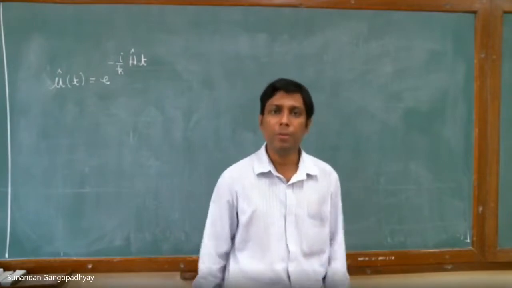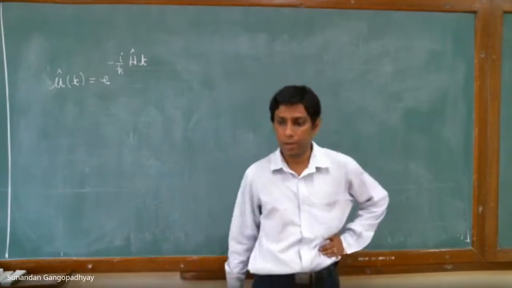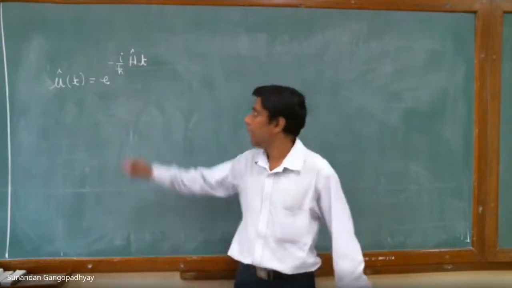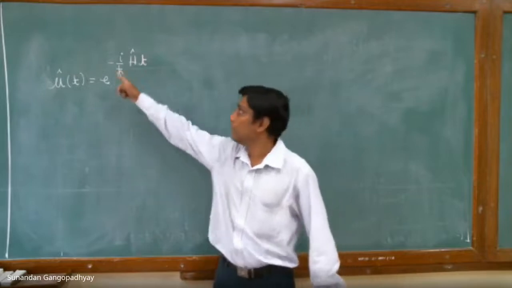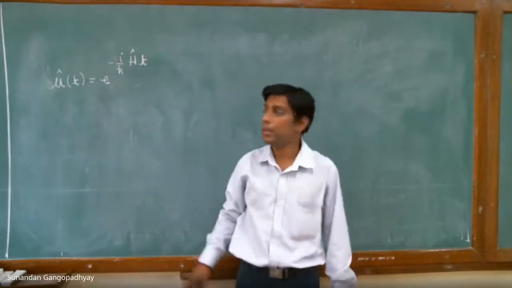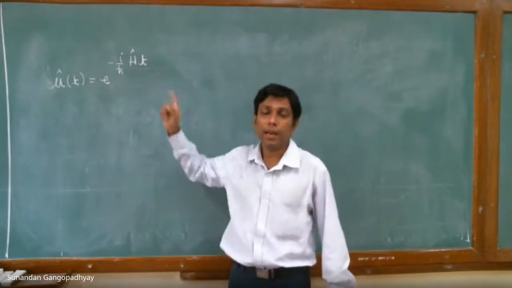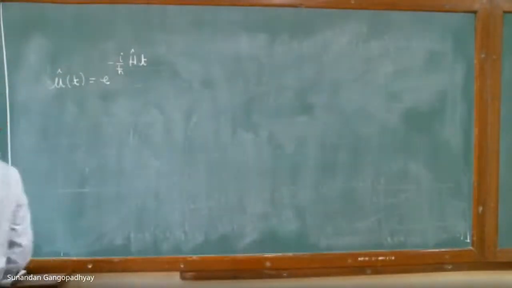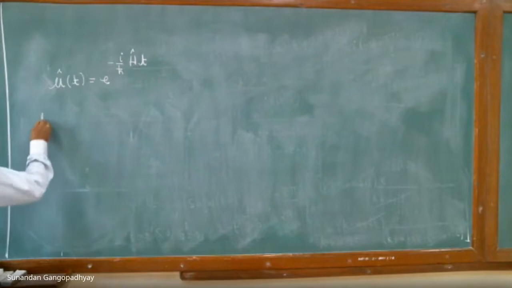So norms will be preserved after the time evolution, right? That is the beauty of unitary time evolution. And this arises due to the fact that you have an i sitting over here, and this t is real and H hat is Hermitian. Therefore, this is unitary.